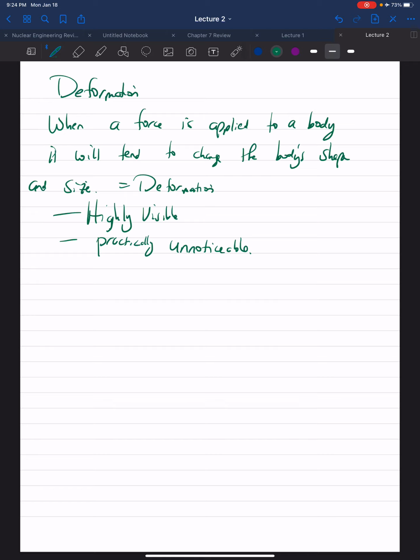So here we introduce the concept of strain. Strain is determined by experiment.